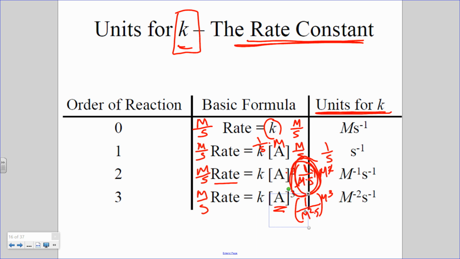And that way, this molarity squared cancels out two of those, leaving me only one molarity in the numerator, seconds in the denominator, to give me molarity per second. So this term right here, 1 over molarity squared times seconds. So I have molarity to the minus 2, seconds to the minus 1.